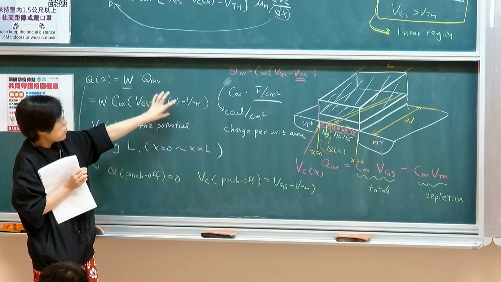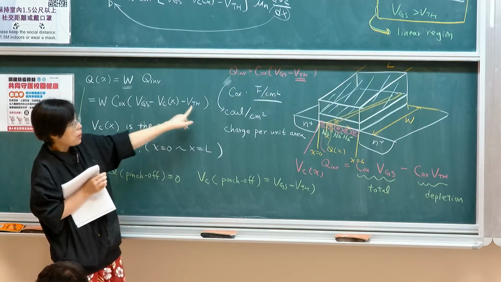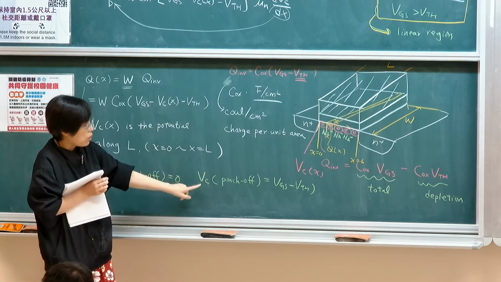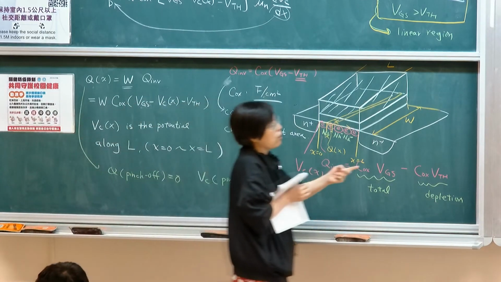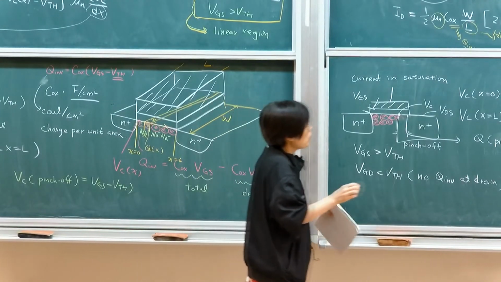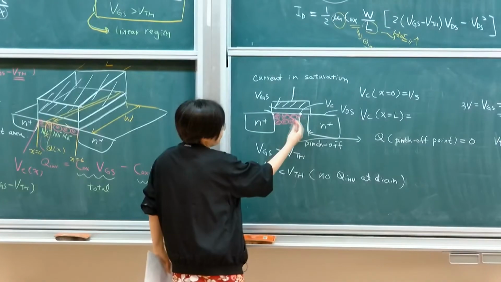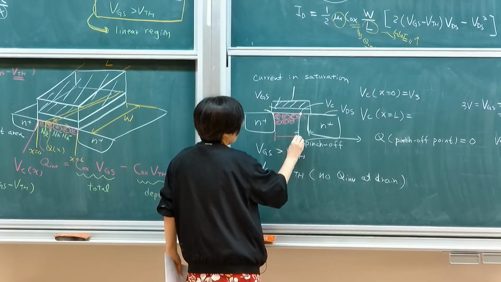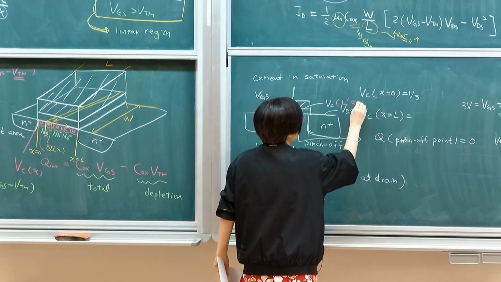The channel potential at the pinch off point should equal VGS minus VTH in order for it to just start to pinch off, meaning that the charge will reach 0. So we're assuming that even though it's retracting from L, L prime is approximately equal to L.